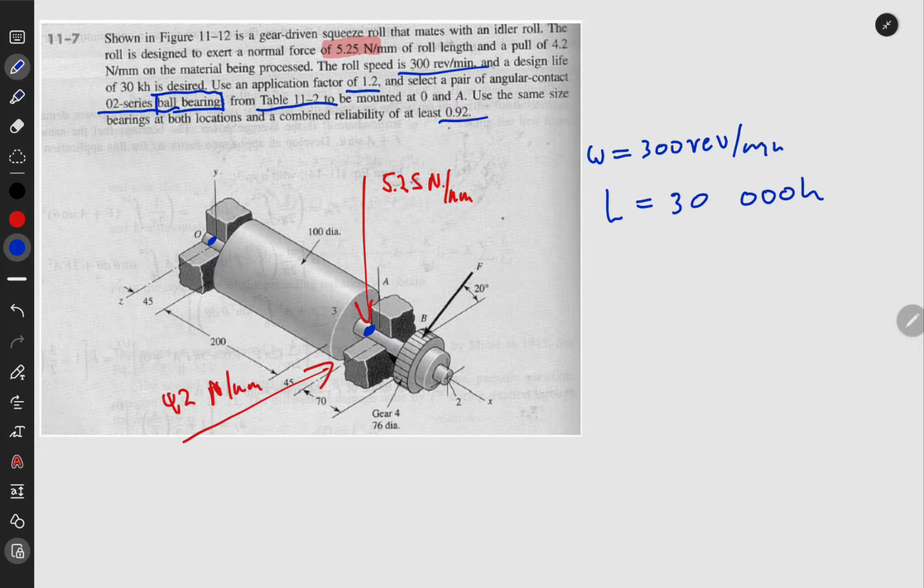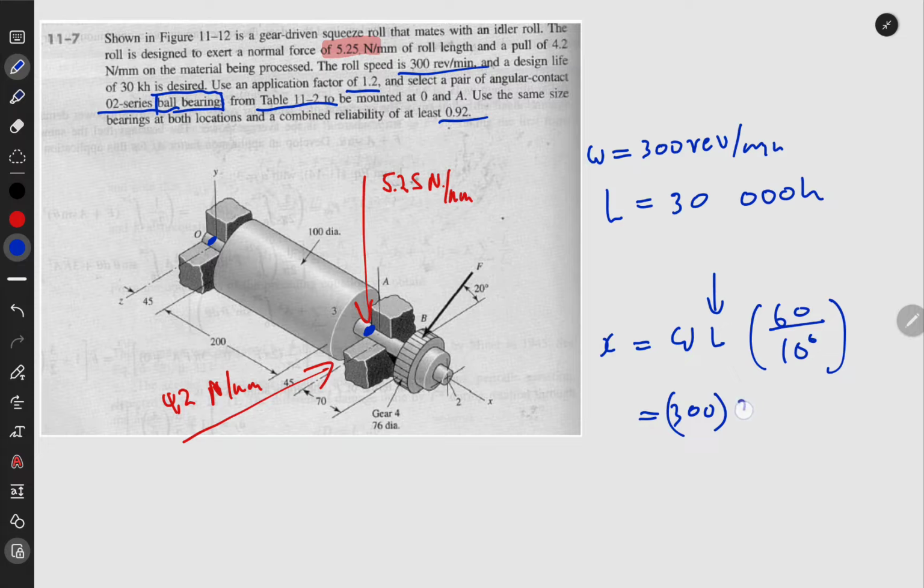So let's start working. What else do we know that is useful? We know that xd is going to be omega times L times 60 all over 10 to the power 6. Our omega is 300, and the life is 30,000.